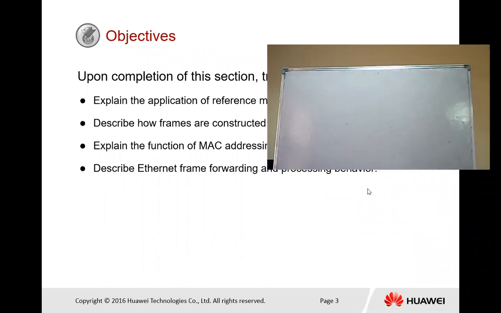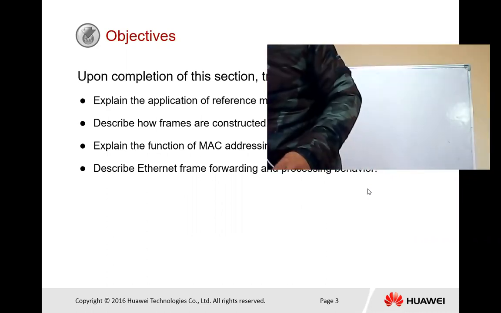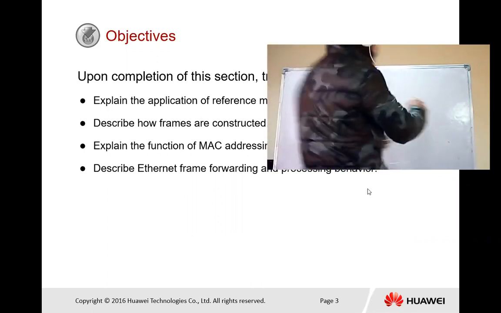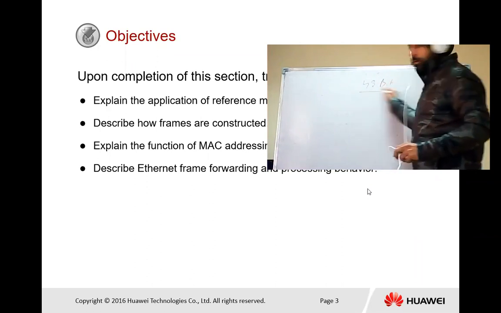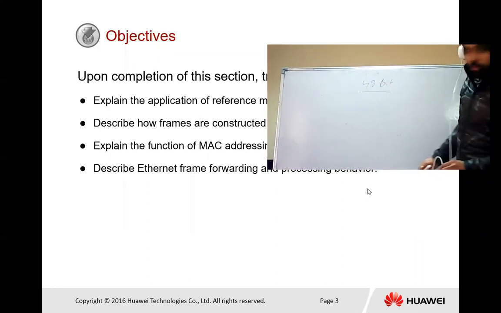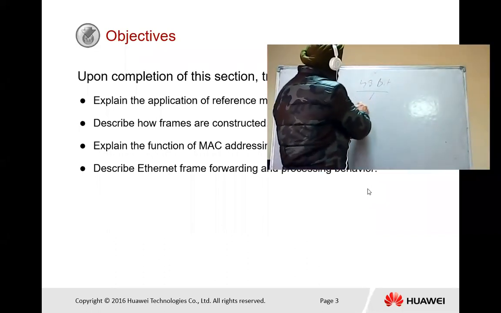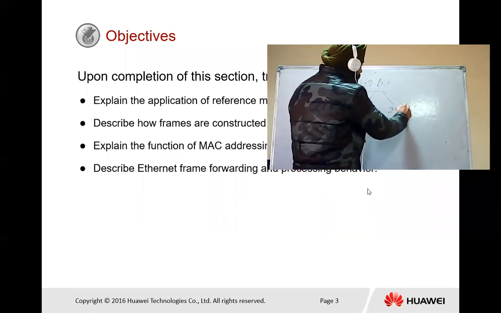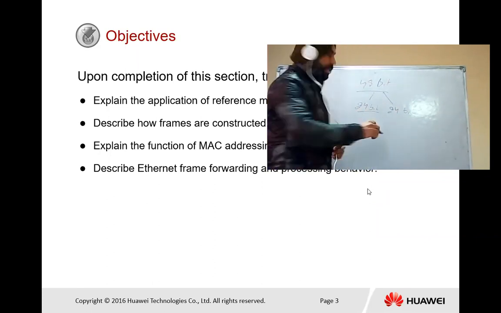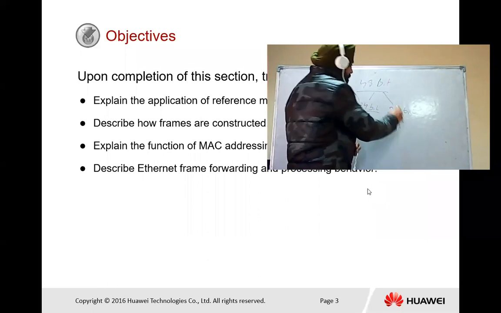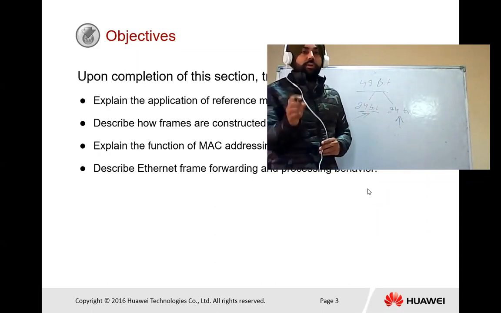If we are talking about the MAC address, that is a 48-bit address, and the 48 bits are further divided into two categories: 24 and 24 bits. The first 24 bits tell the manufacturer brand, who developed the MAC address.